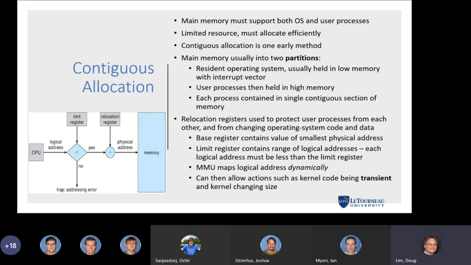The first concept we have here for memory usage is contiguous allocation, where the memory for a particular process is all contiguous in one space. This is certainly what would be involved with the base address and a relative address, the relocation address, where everything would have to be contiguous, otherwise it would not work.